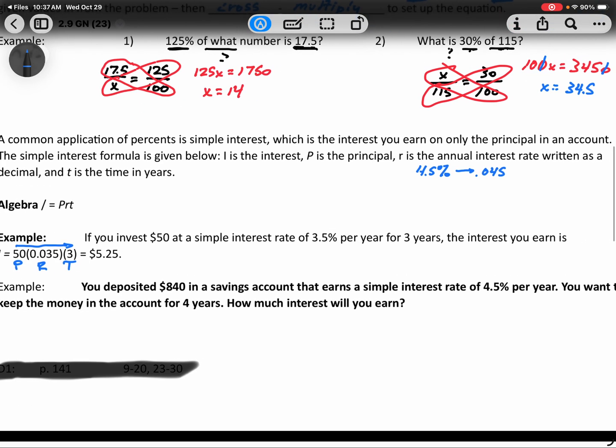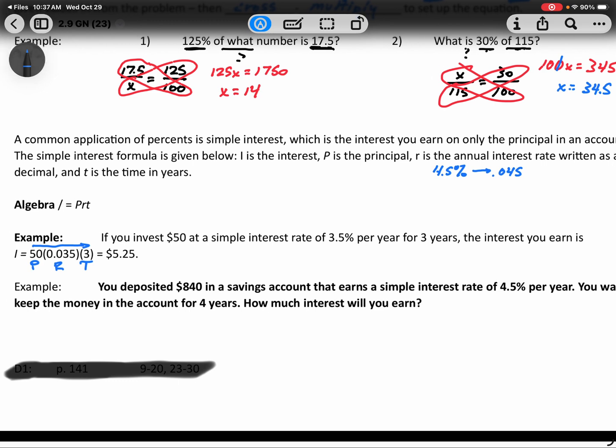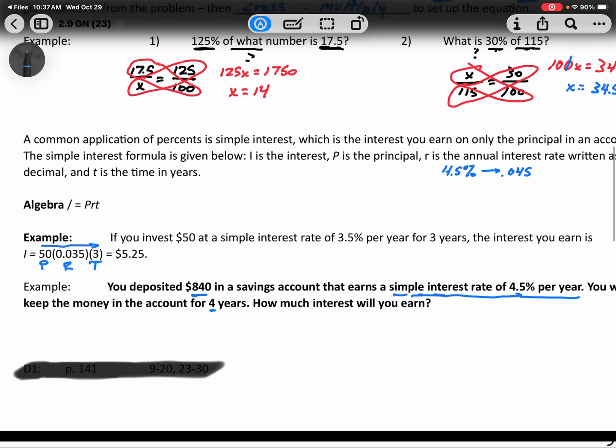So wrap it up. Here we got an example. You deposited $840 in the savings account that earns a simple interest rate of 4.5% per year. And you want to keep the money in the account for 4 years. How much interest will you earn? So the I is what I'm trying to figure out.